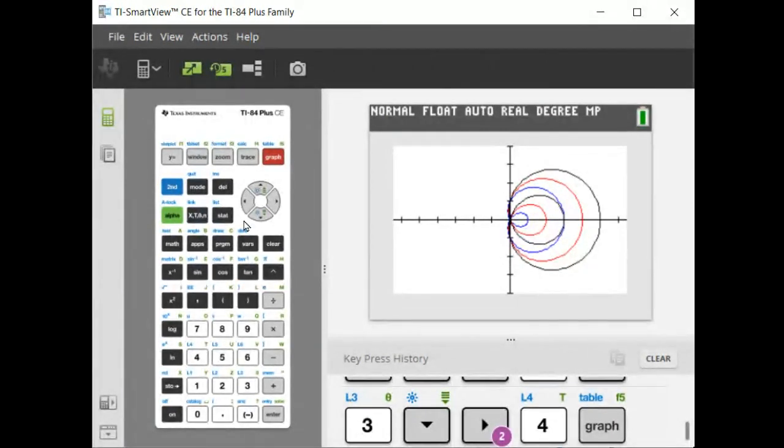Is the distance from the origin to the inner loop half of the R value? You can't say R value. So what I'm going to give you is the A and the B value.